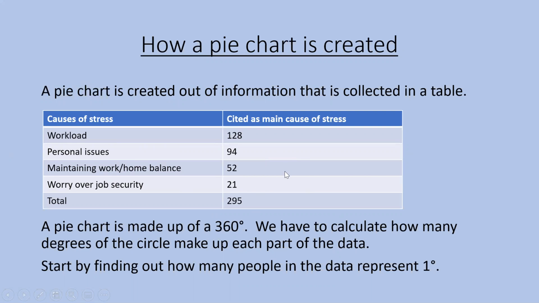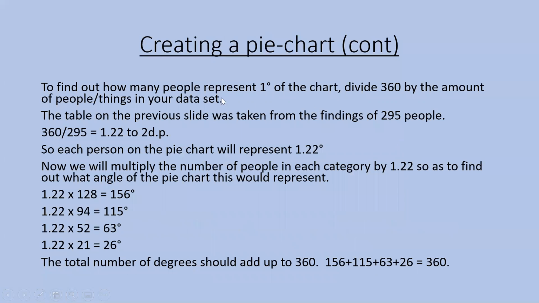Now, we're going to convert that into a pie chart. As I say, a pie chart is made up of a 360-degree circle. We have to calculate how many degrees of the circle each part of this data represents. We have to start by finding out how many people in that data would represent 1 degree of the pie chart.